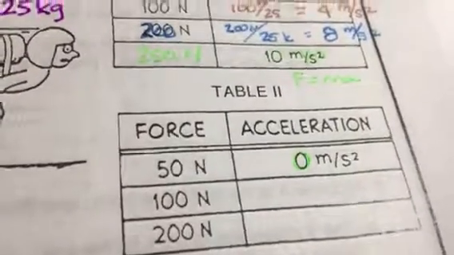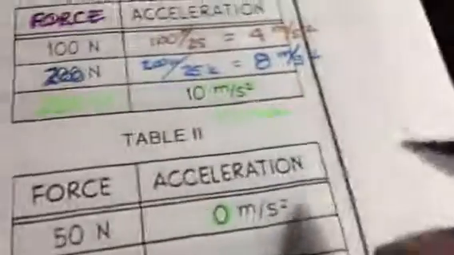Her forces are balanced. In that case, we've got a force of 50 newtons going forward, and a force of 50 newtons going backwards. The summation of forces is equal to 0. There's no acceleration.